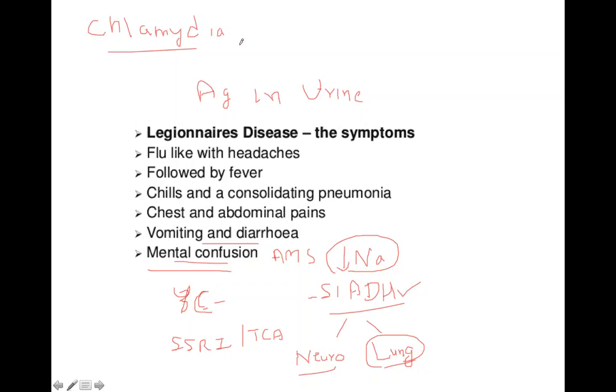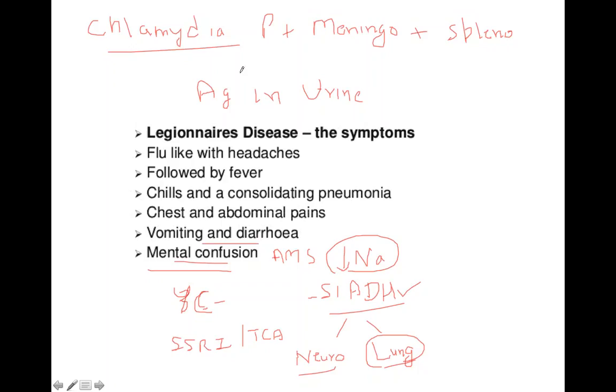So the patient will have pneumonia plus meningoencephalitis, and also splenomegaly. Diagnosis will again be a serological test, and we will give the patient macrolides. Doxycycline can also be given for chlamydia.